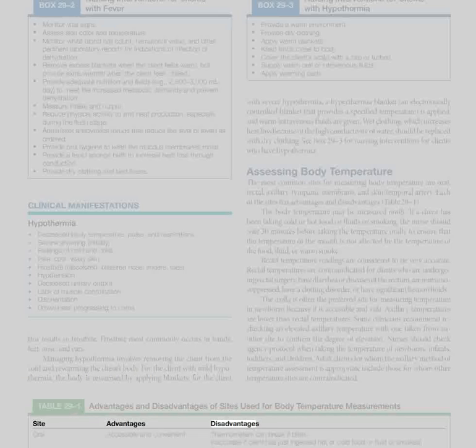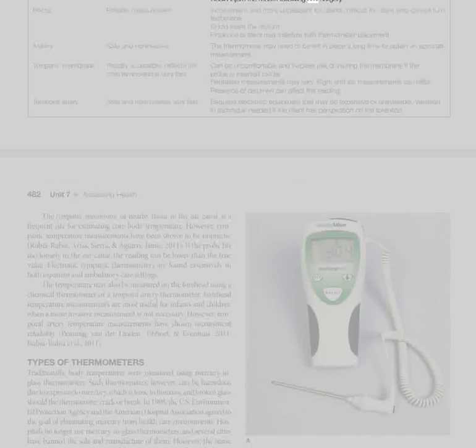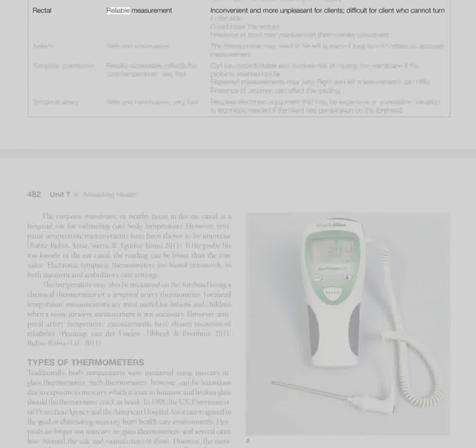Site, advantages, disadvantages. Oral: accessible and convenient; thermometers can break if bitten; inaccurate if the client has just ingested hot or cold food or fluid or smoked; could injure the mouth following oral surgery. Rectal: reliable measurement; inconvenient and more unpleasant for clients, difficult for a client who cannot turn to the side; could injure the rectum; presence of stool may interfere with thermometer placement.